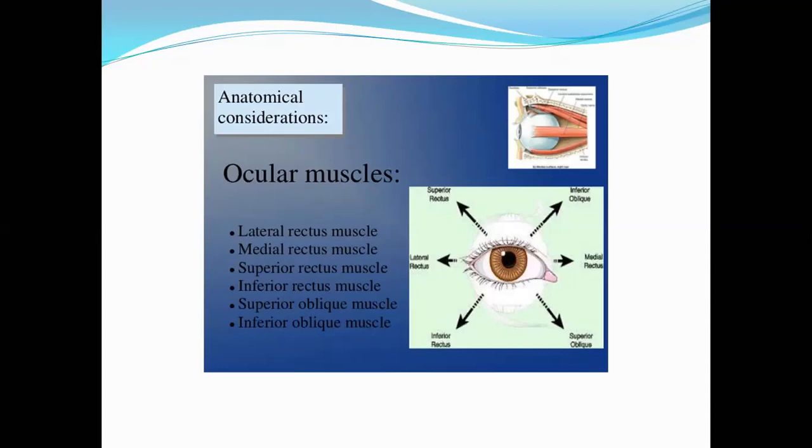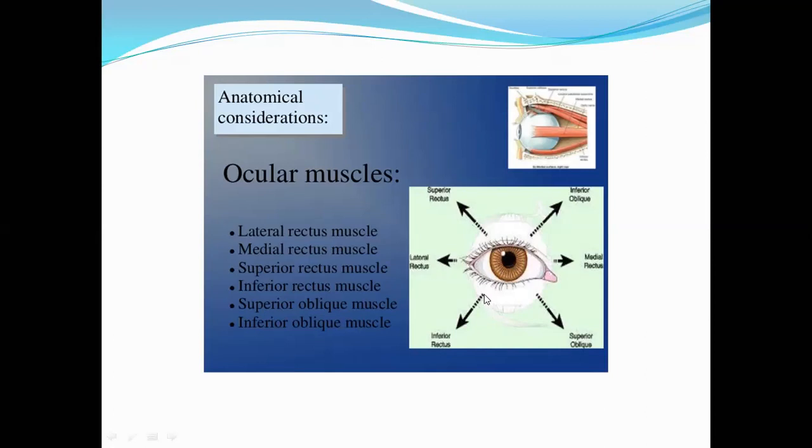Then there are the recti muscles: lateral, medial, superior, and inferior, four in number, and the superior oblique muscle and inferior oblique muscle. We know that the recti muscles have direct attachment to the eye globe, and they pull the eyeball up, down, laterally or medially.